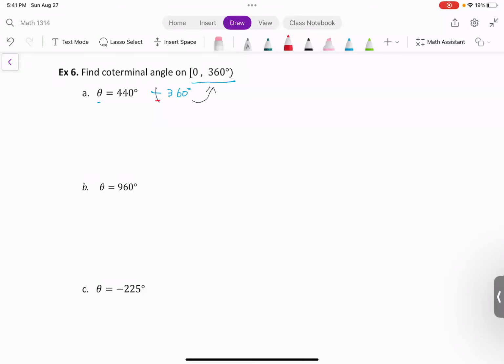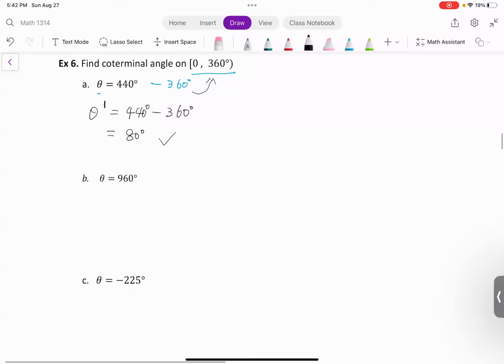That means I can subtract 360. Let theta prime be the coterminal angle of theta: 440 minus 360 gives 80 degrees. So 80 degrees is in the interval from 0 to 360, and it is the coterminal angle of theta in that interval.